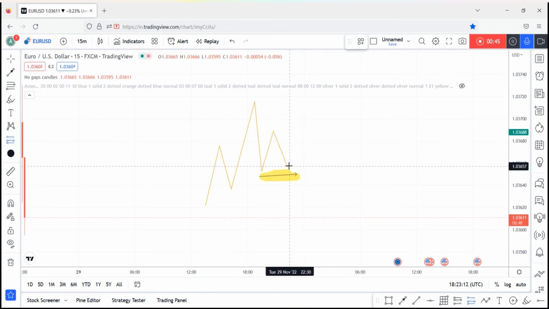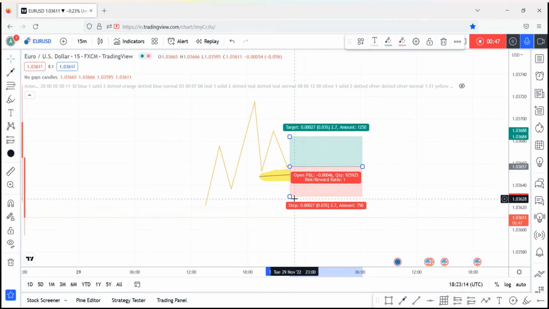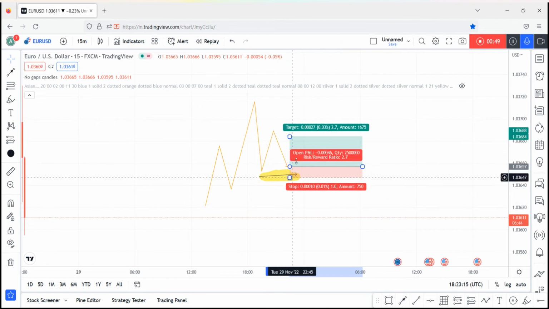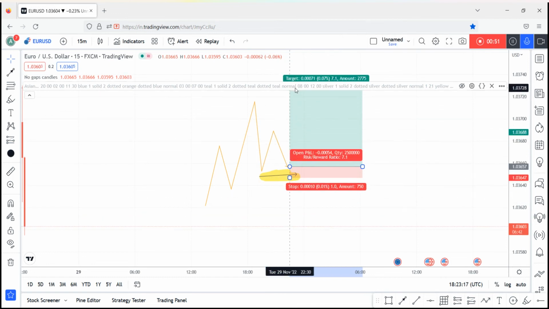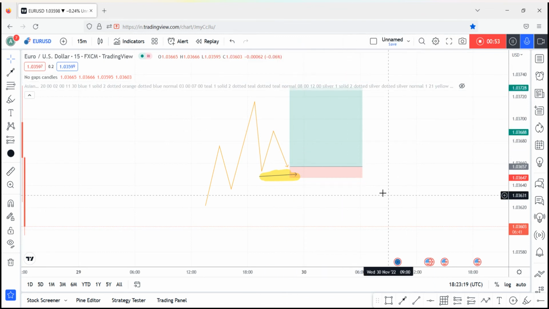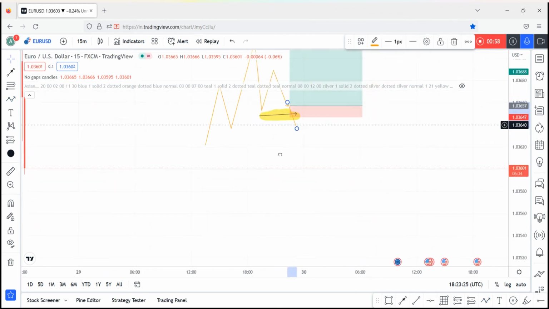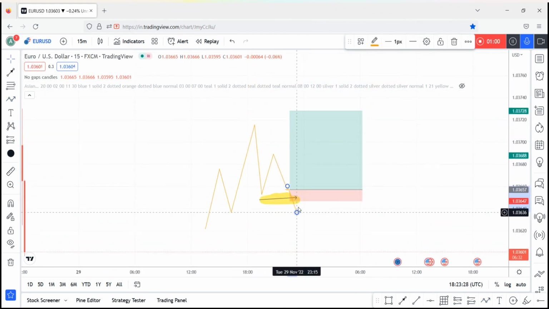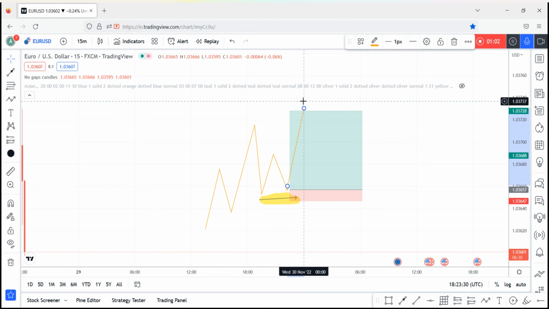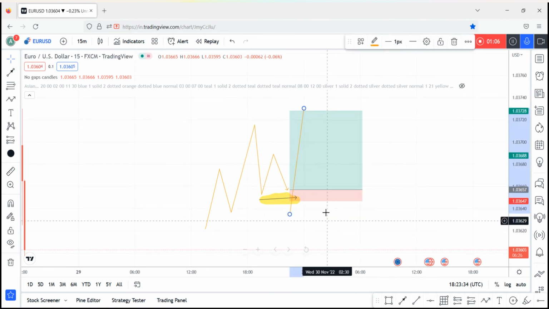Just imagine like this, they place their stop losses like this and think the market will go up. And what the market does is it collects all the stop losses and goes up, right? The market just collects all the stop losses and goes up.